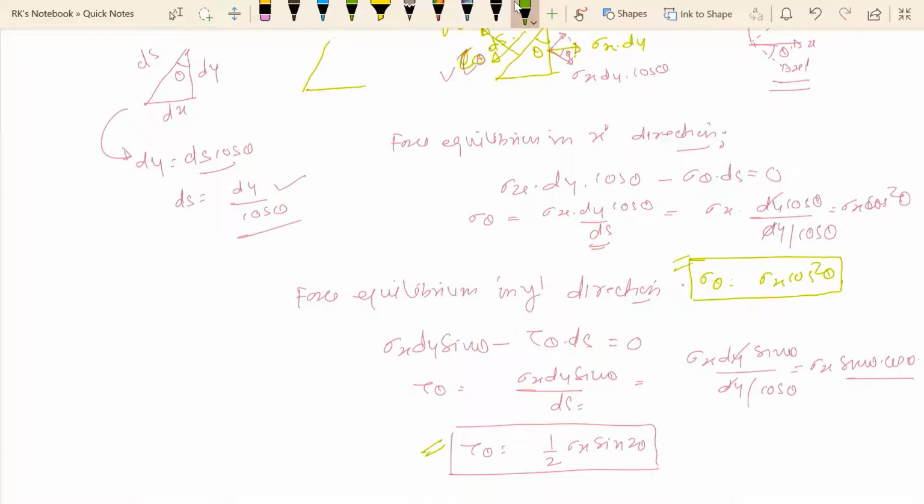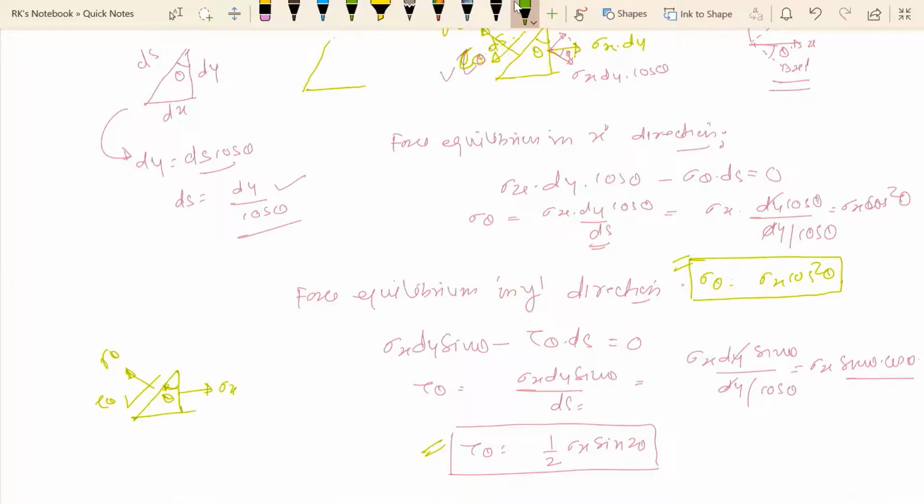In this case there is one stress sigma x at this plane. Because of this sigma x there would be two stresses, sigma theta and tau theta, at the inclined plane. This theta is positive because by our sign convention, from the vertical plane in clockwise direction, we consider theta positive.